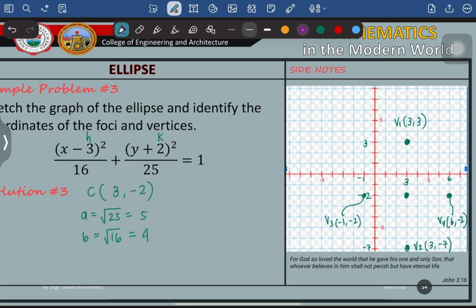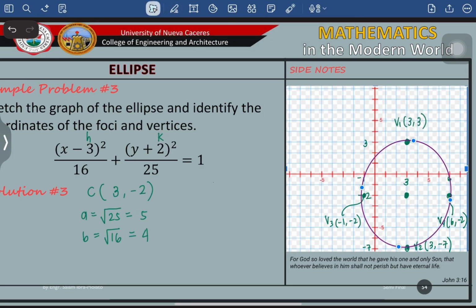So let's connect all the vertices to form the ellipse. So that is the ellipse.